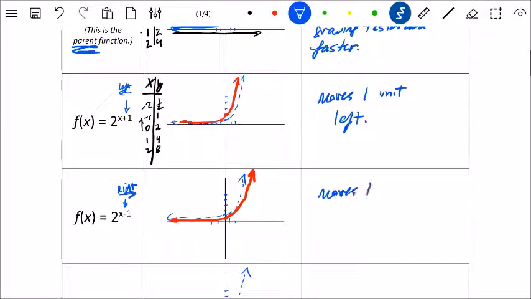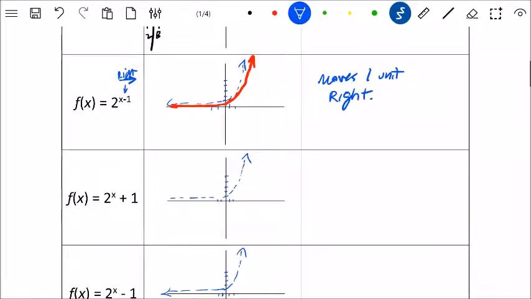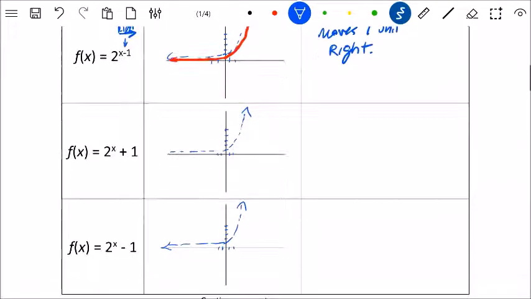So it moves 1 unit right. Okay, let's fix this and then move on. Here, the 1 and -1 on the next one is on the outside.